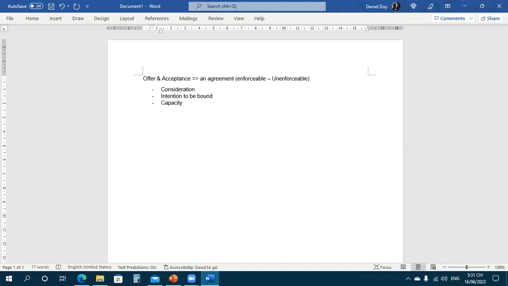The people who lack capacity may be minors, or people with mental disorders, etc. So to have a valid contract in English law, you need to have all these 5 factors. Is my explanation clear?